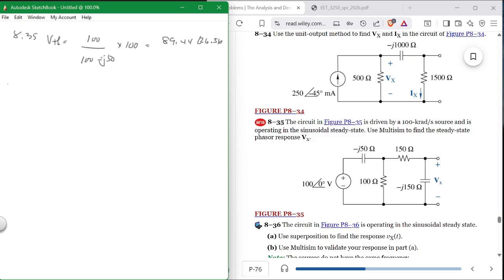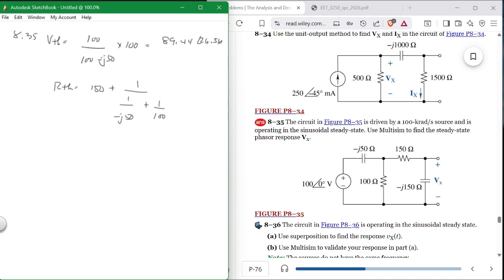All right, now, what is R Thevenin? R Thevenin is equal to 150 plus the parallel combination of the 50 and the 100, so it's 1 over minus j50 plus 1 over 100. So let's do that.